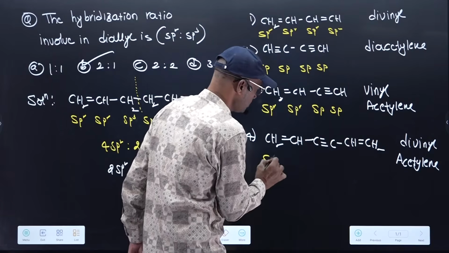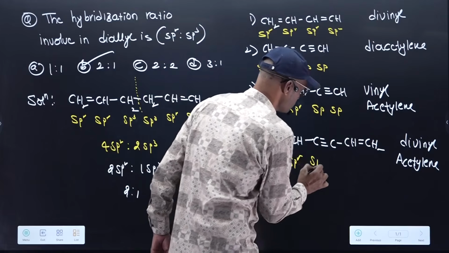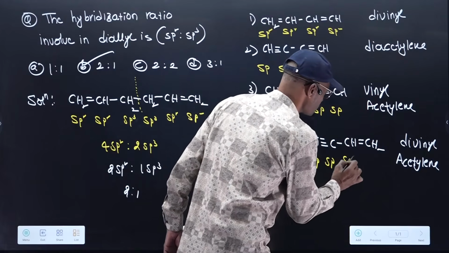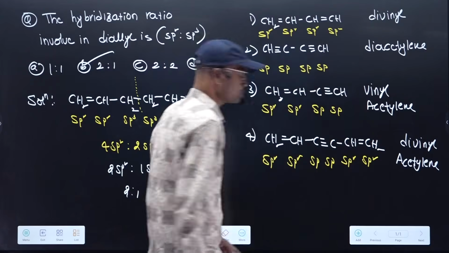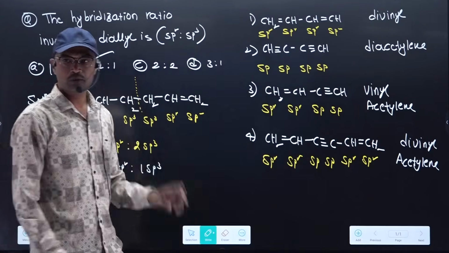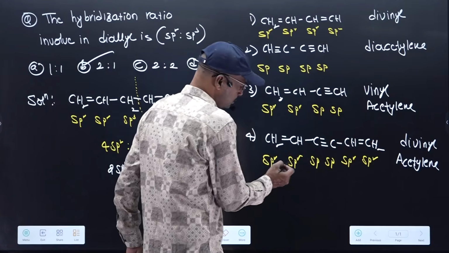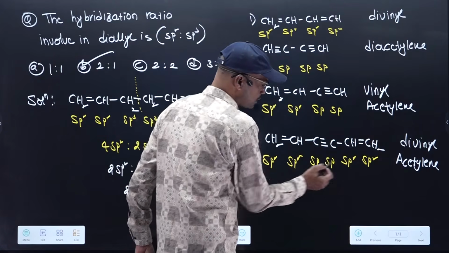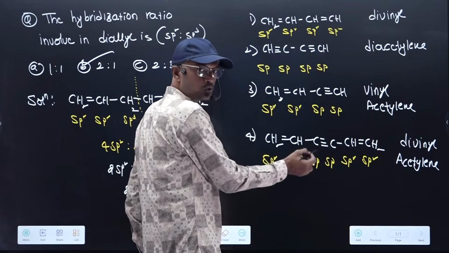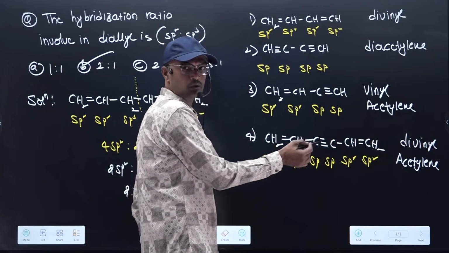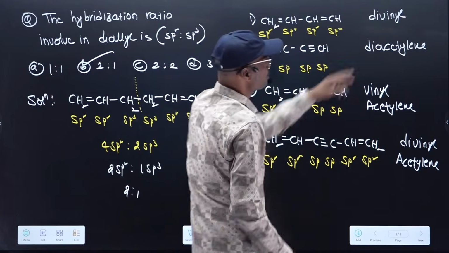Now here sp2, sp2, sp, sp, and here also sp2, and here sp2. 2:1 ratio. So what is the 2:1 ratio here? 4 sp2 carbons are there, 2 sp carbons are there. 4:2 means 2:1 if you divide by 2. Okay, like that, these names you need to remember.